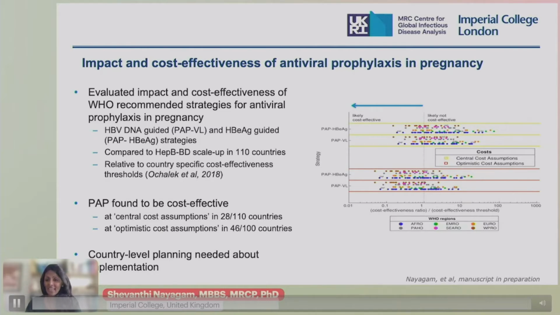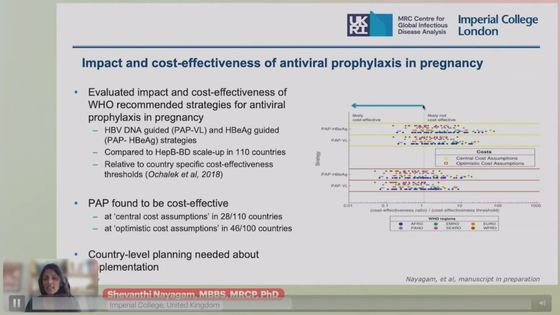We compared these strategies to hepatitis B birth dose scale-up in 110 countries, and we evaluated the cost effectiveness relative to country-specific cost effectiveness thresholds as suggested by Ochalek et al. And what we can see from the figure on the right is 2 strategies, PAP-E antigen and PAP viral load, at central cost assumptions, which is the yellow top panel, and optimistic cost assumptions.